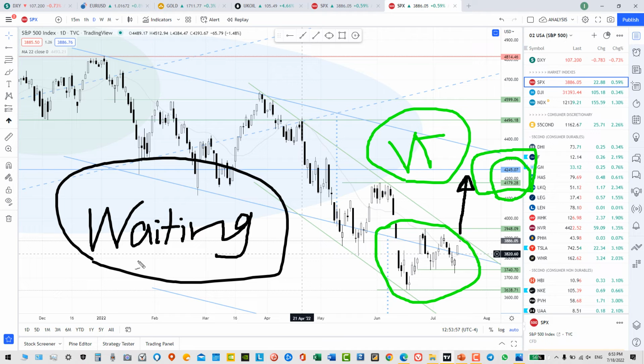And I don't advise to take a counter trade position because of the high risk it carries in it.